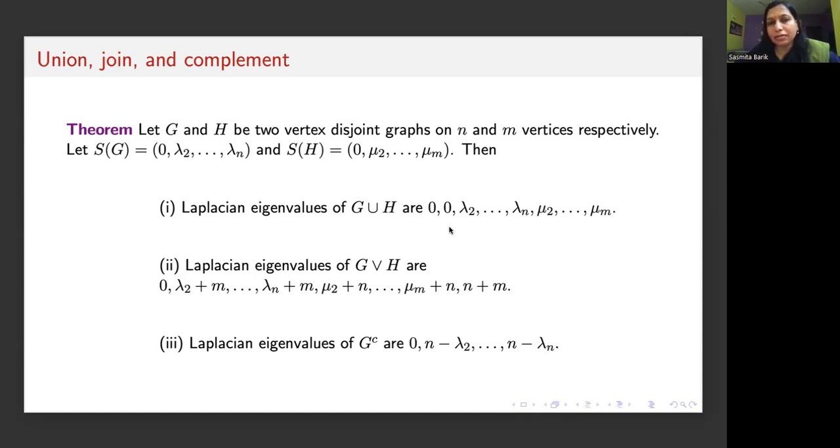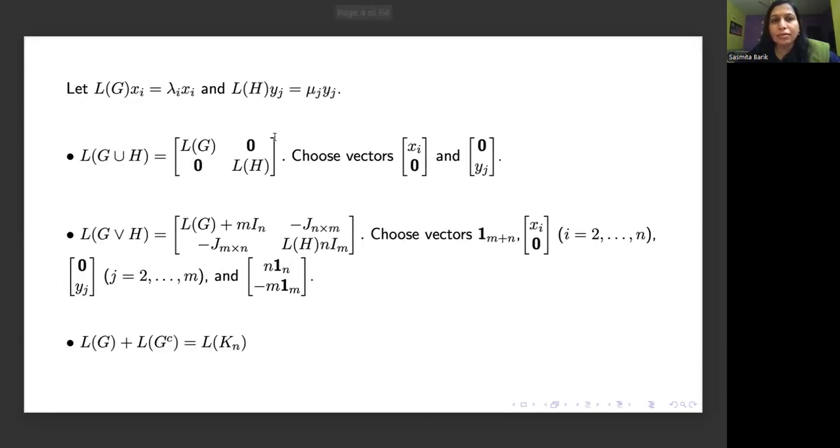If you take the join, with the adjacency matrix it's difficult to say what the eigenvalues of the join are. But for the Laplacian, you can get the eigenvalues like this. And for the complement also, you can get the eigenvalues of G complement from G. Those will be like this, and these can be obtained because the matrices will look like this.